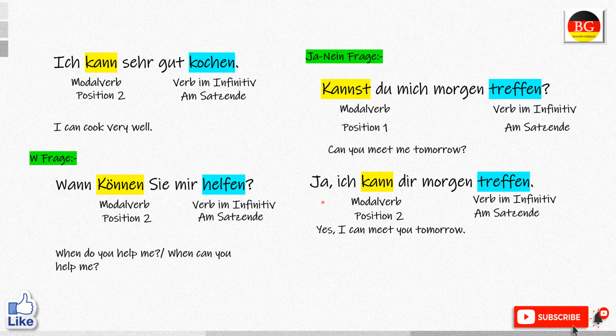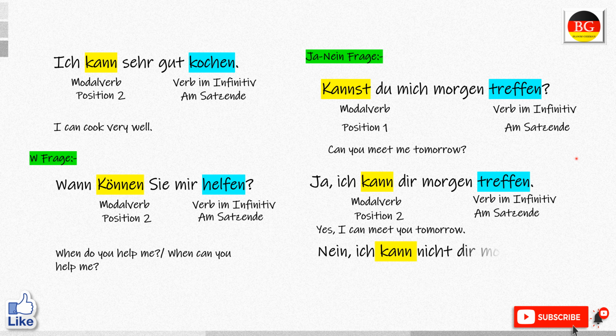What is the rule? Ja, comma, subject plus modal verb conjugated according to the subject ich, then comes the object, and then in the last the main verb in infinitive form.